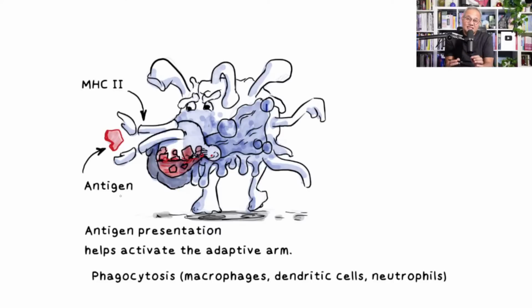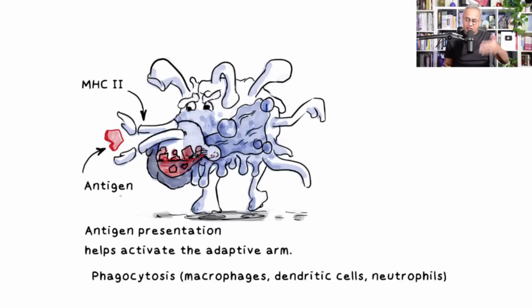And this little concept, this little mechanism of antigen presentation, is what loops in the adaptive arm. If this one area is broken down, or if a pathogen learns to evade this one process, then our immune system cannot become fully functional.